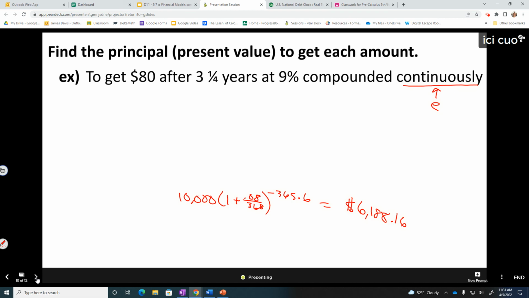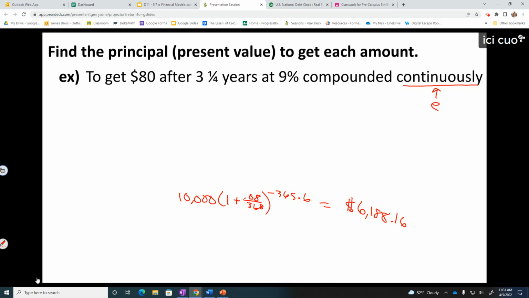We want $80 in 3 1/4 years. Doesn't seem like a lot, but present value is 80 in the future. E to the negative R is 0.09. And then the T is 3 1/4, so let's put in 3.25.